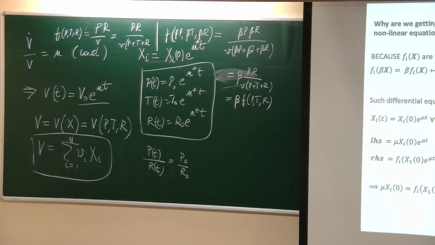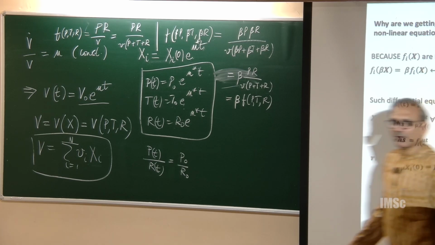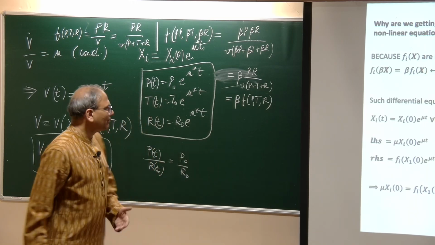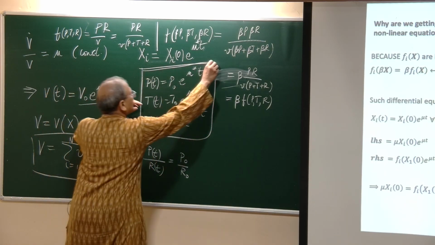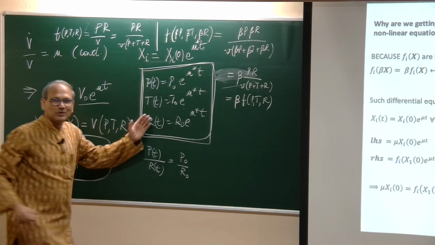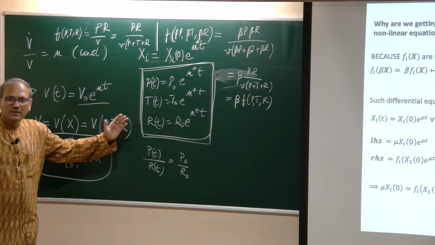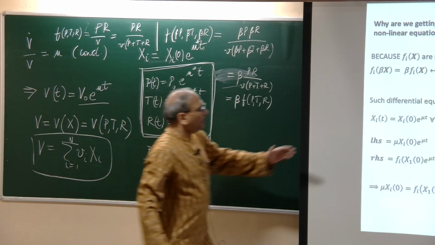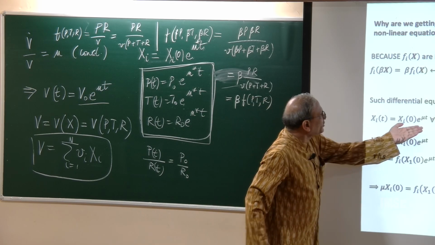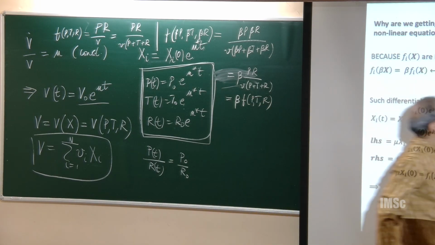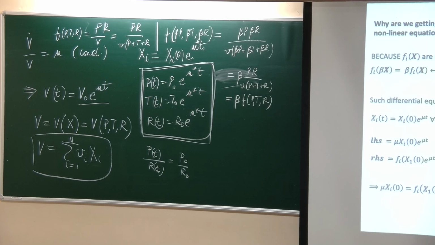Okay? So because of this property, you can immediately see that this ansatz is going to be an exact solution of the model. Okay? Why? Because let's substitute this ansatz into this equation. This is my original model.